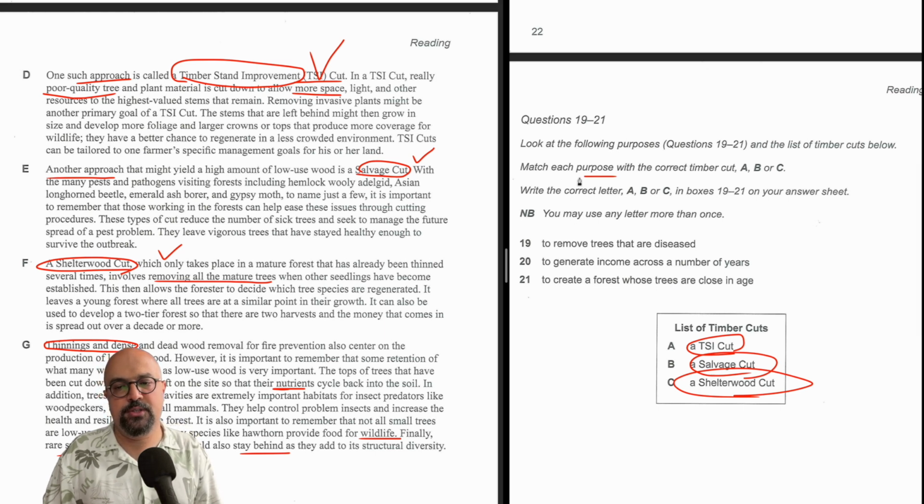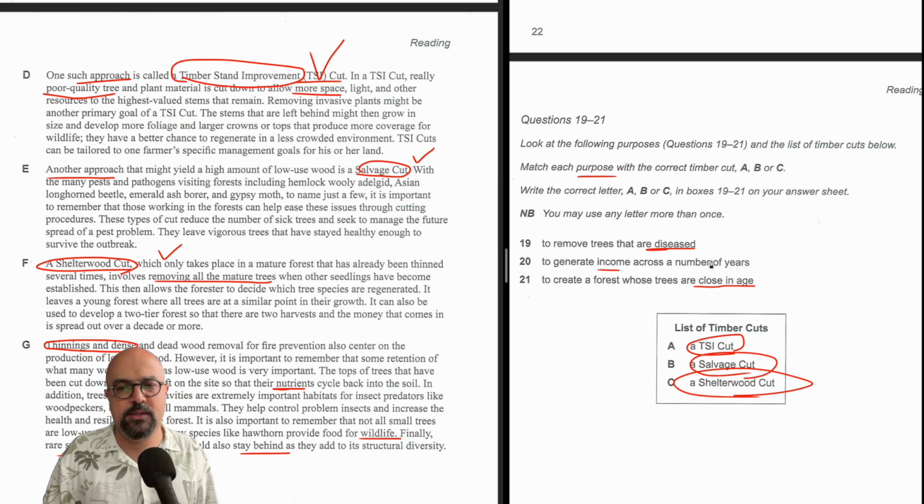And we have 3 purposes for each type. So we can read something about TSI to see what the purpose is. One approach is called blah, blah, blah, blah. Okay. Well, before we even read the paragraph, what purposes do we have? Diseased, to generate income, to create a forest whose trees are close in age.